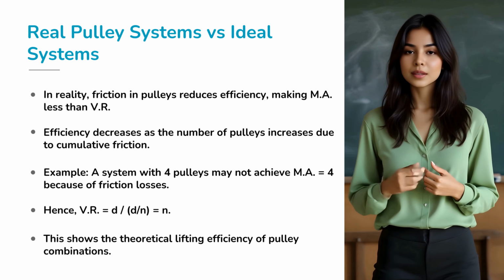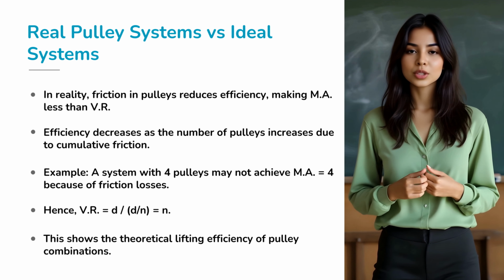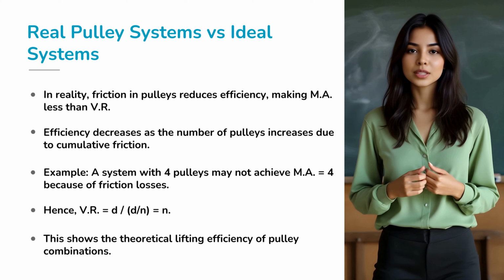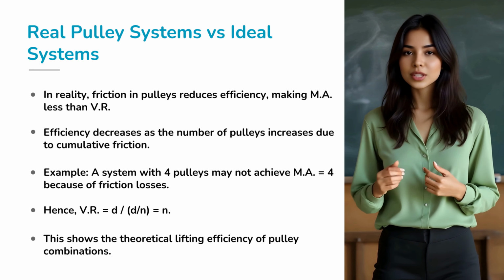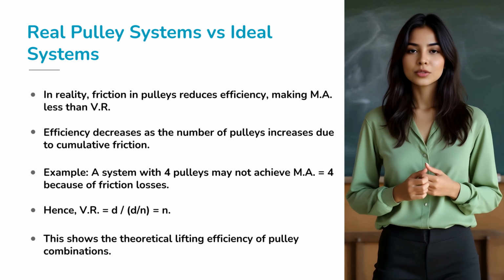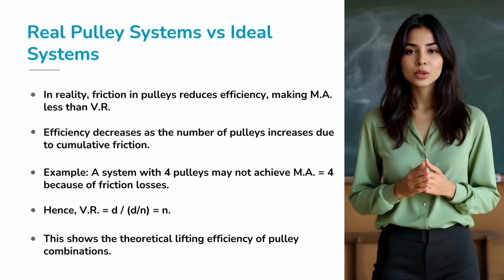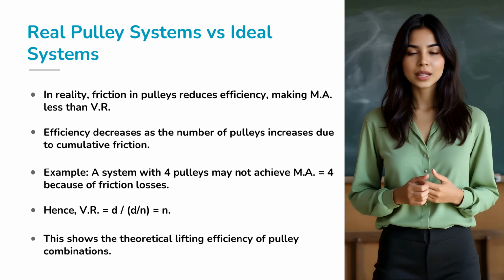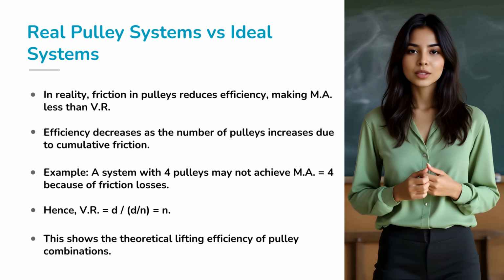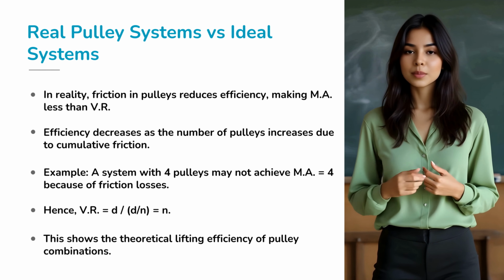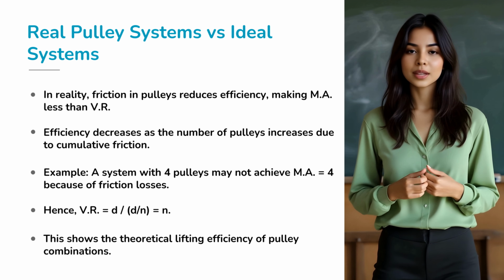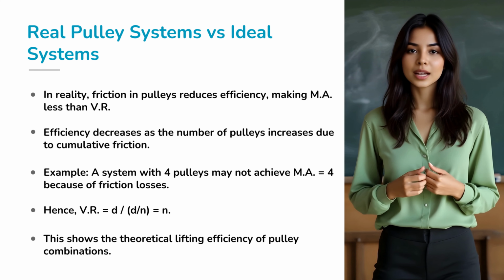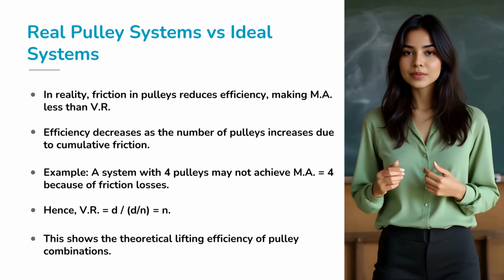For example, a system with 4 pulleys should ideally give a mechanical advantage of 4. But in practice, it may be only 3 or even less depending on friction. The formula for efficiency remains the same: efficiency equals mechanical advantage divided by velocity ratio, multiplied by 100. That's why engineers must carefully consider real conditions when designing elevators or cranes.